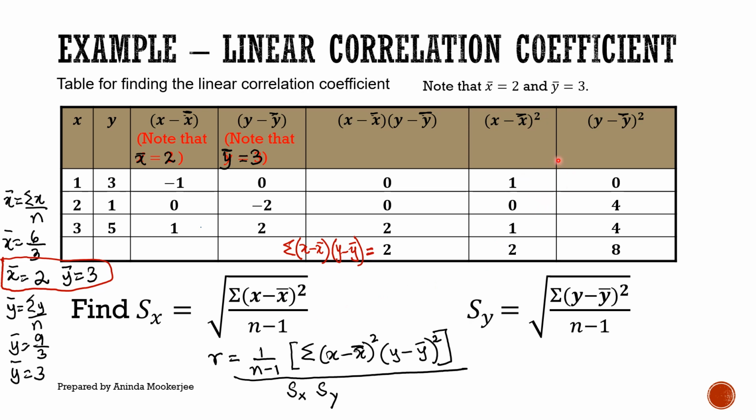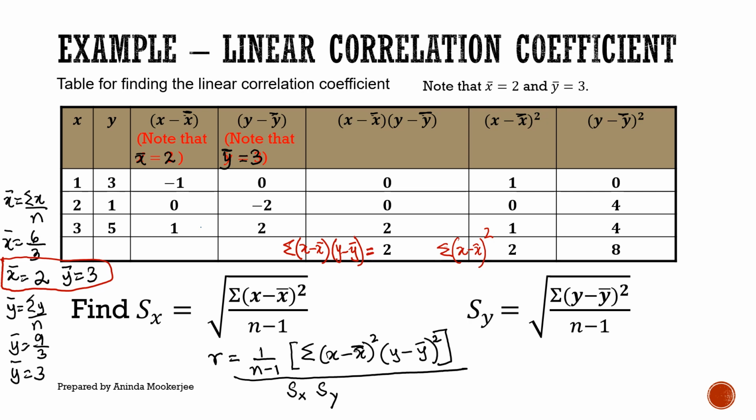So what we've done here is we've squared all the values in the third column. So negative 1 whole squared is 1, 0 squared is 0, and 1 squared is 1. All right, and then we sum them up, and that gives us the sum of x minus x bar squared.